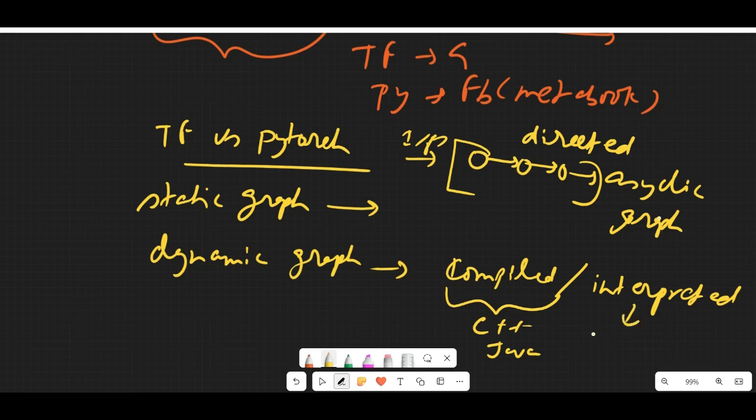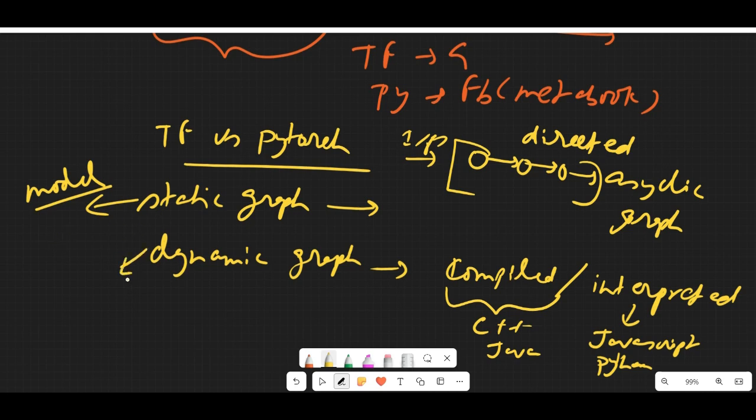Whereas interpreted languages like JavaScript or Python take each statement of your code and then execute. So similarly, in a static graph, first your model has to be built and defined, and then it will start computation and the training process.